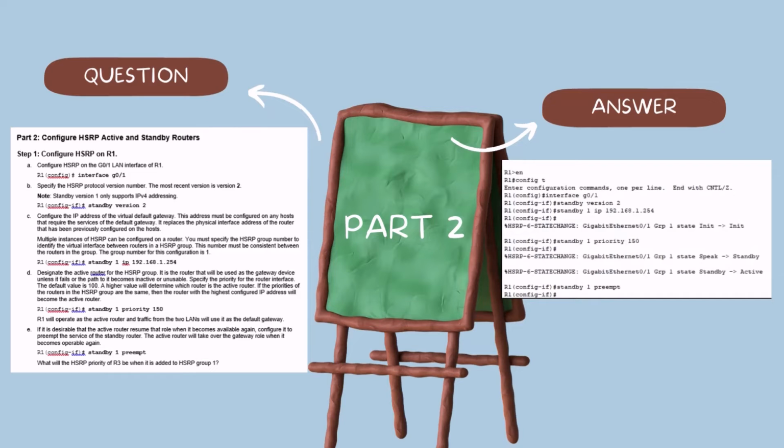So R1 will operate as the active router and traffic from the two LANs will use it as the default gateway. So soalan E pula, if it is desirable that the active router resume that role when it becomes available again, configure it to preempt the standby router.